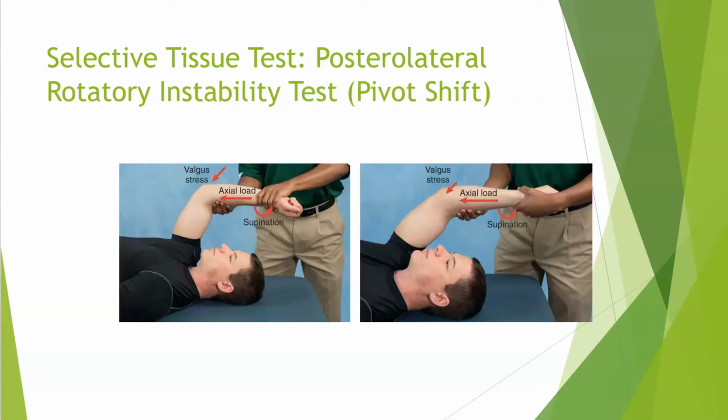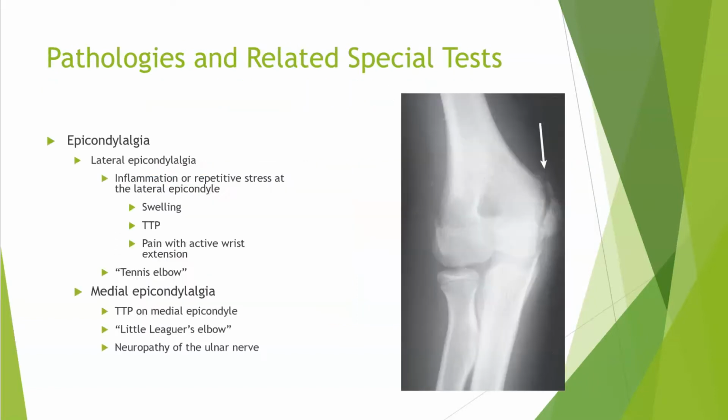And then we also have a posterior lateral pivot shift test, where we're giving them a valgus stress while we're supinating their forearm.